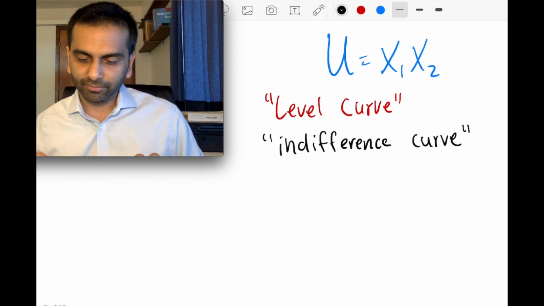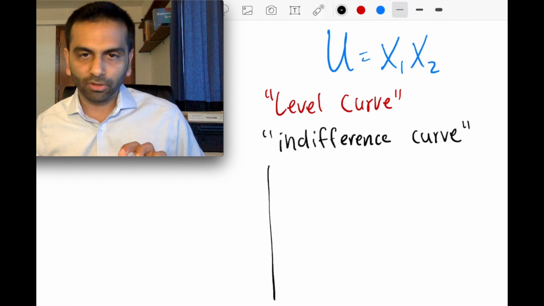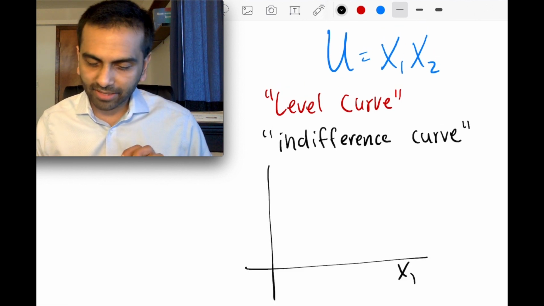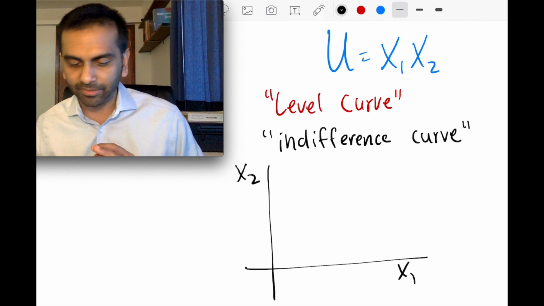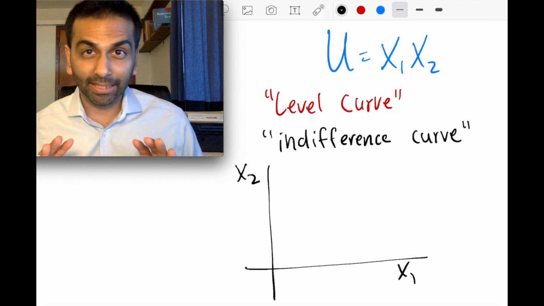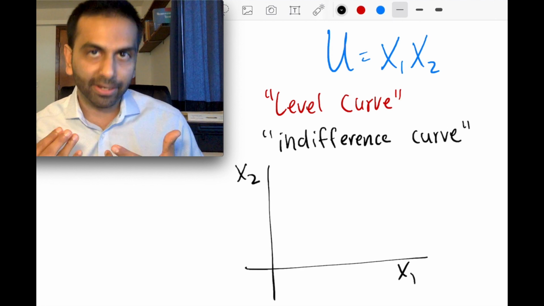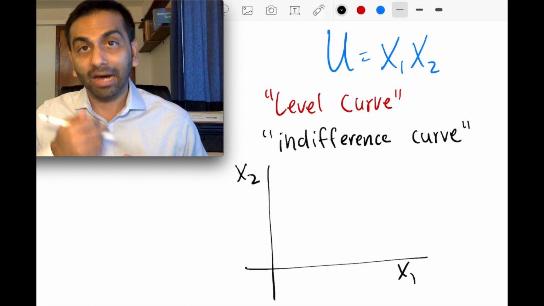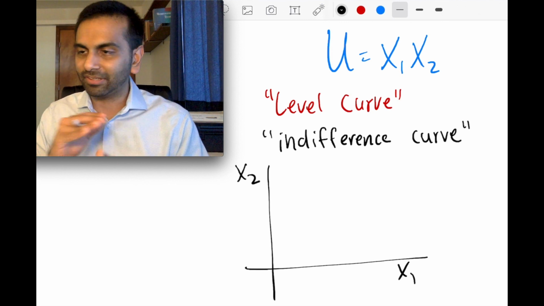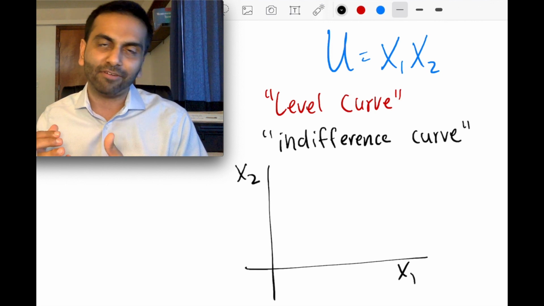So now, going to the graph here, if this is x1 and this is x2, so again, this is the number of apples, this is the number of bananas, any point on this plane is what we call a bundle because it's a certain number of apples and a certain number of bananas. Imagine it's like a basket with a certain number of bananas and apples.